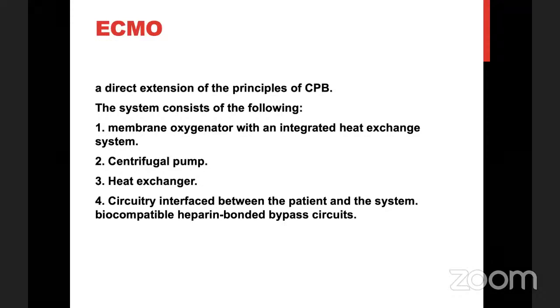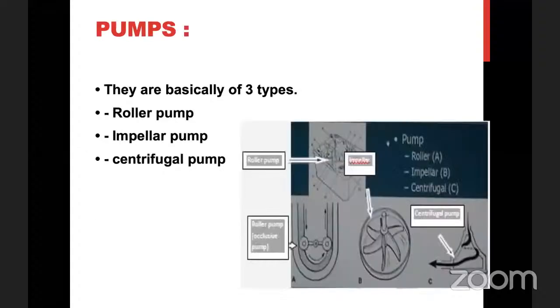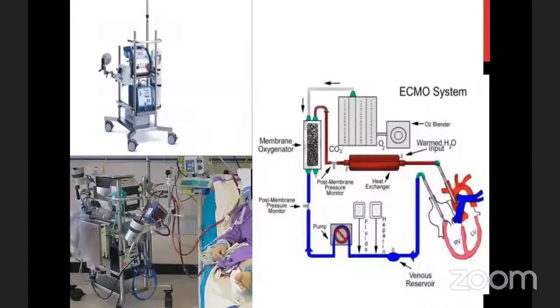So biocompatible heparin-bonded bypass circuits. The pumps are basically 3 types: roller, impeller pump, and centrifugal pumps, as you see here in the picture. So this is the explanation about the ECMO machine.